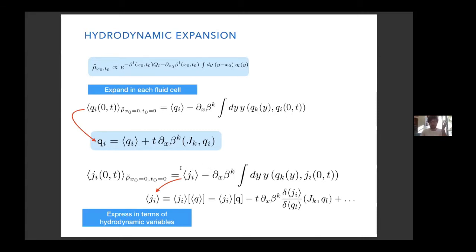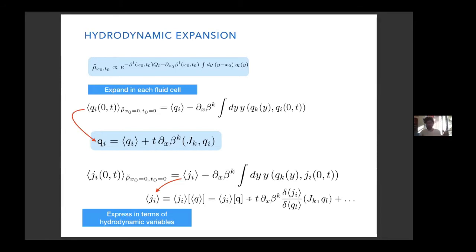But what we have to remember is always to express our expectation value of the current in terms of our real hydrodynamic variables. Namely, these are the hydrodynamic variables and not the ones expanded on this state. So we have to express, for example, this current, which now is a function of the charges on this stationary state, in terms of the real hydrodynamic variable. Namely, we have to shift back the expectation value of the currents by the correction that we find in the charges.